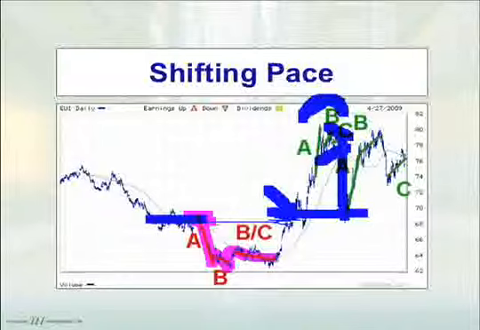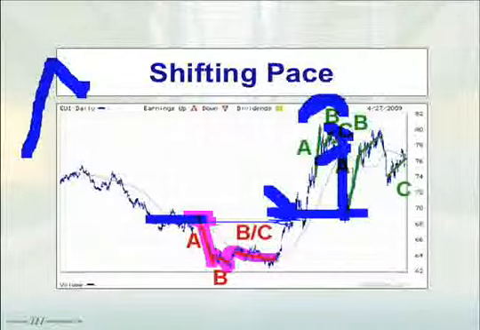If the pace on this breakdown had not shifted, where we saw this change in momentum along this high and then the break lower, let's say instead we had a pivot off of a high where it held that high on A, pulled back with a sharper momentum move.